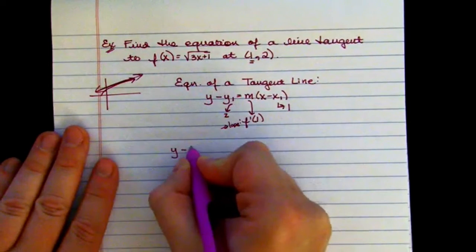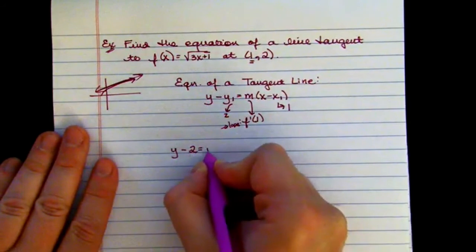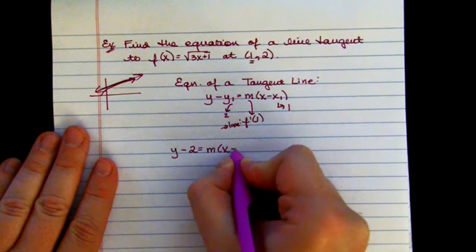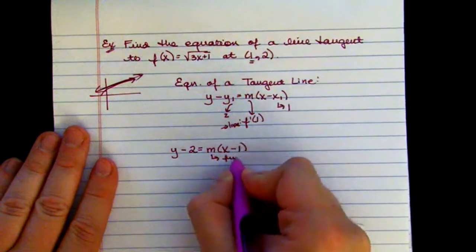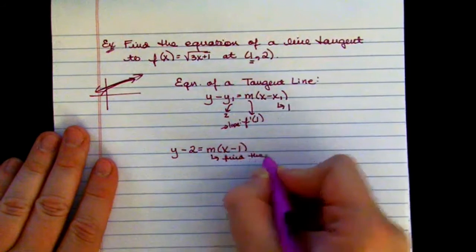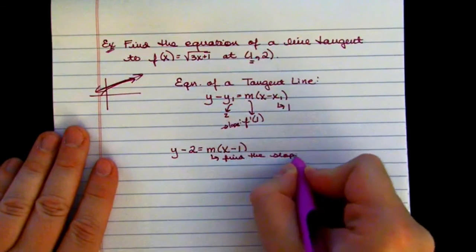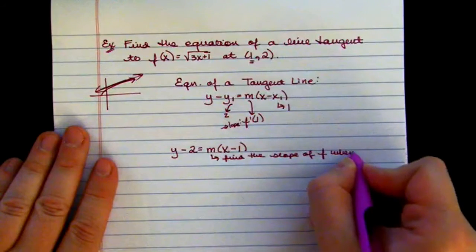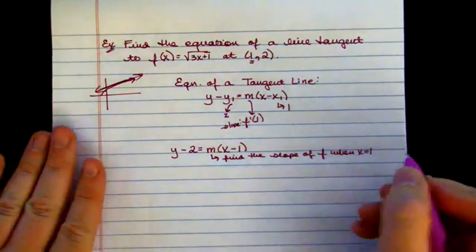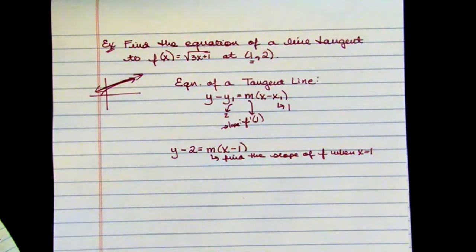For right now, I'm going to say the equation of my tangent line is y minus 2 equals m times x minus 1. And as far as m goes, I need to find the slope of f when x equals 1, which means derivative.